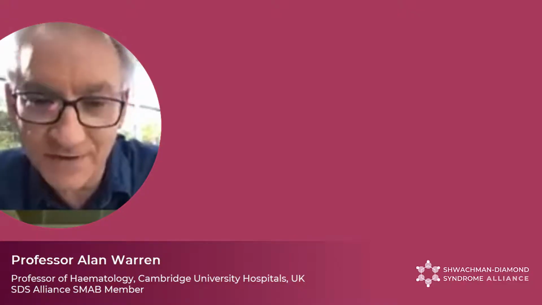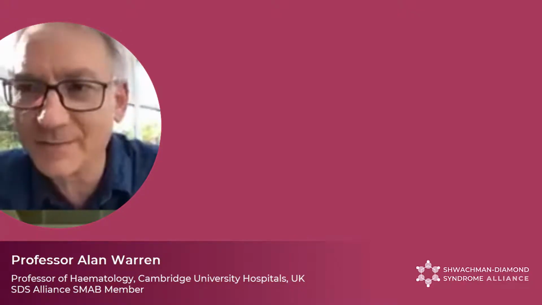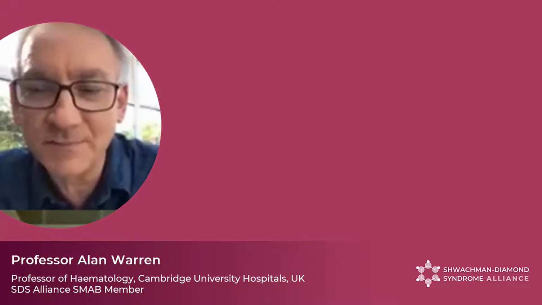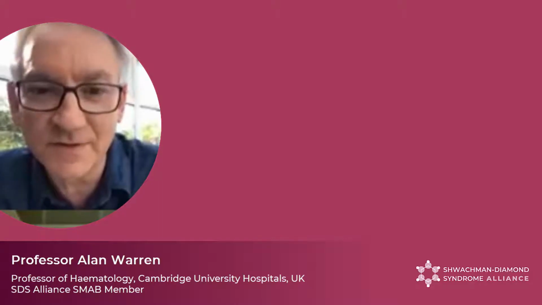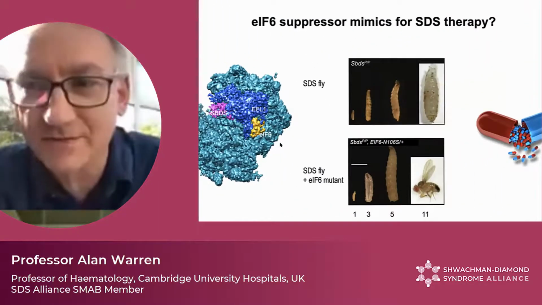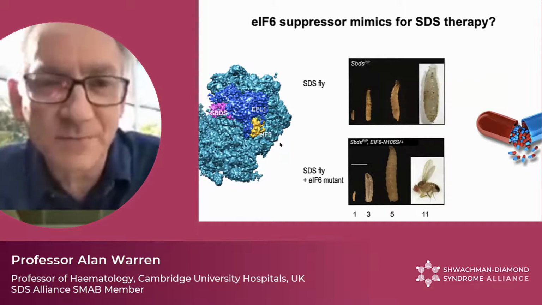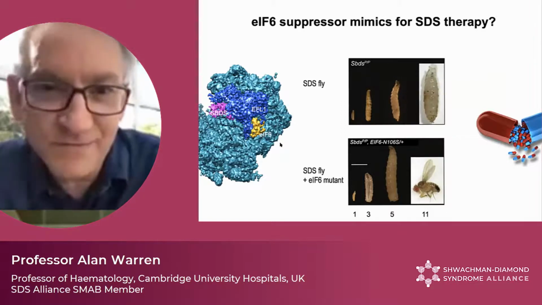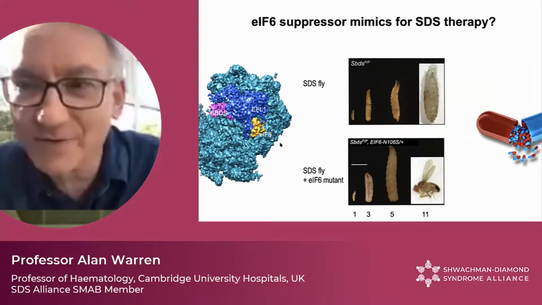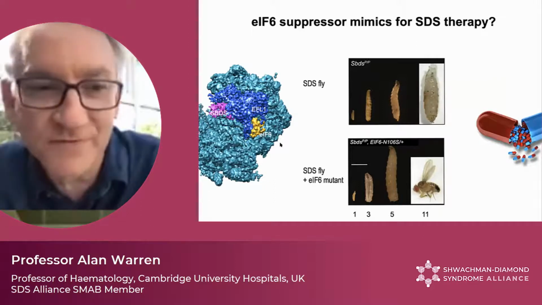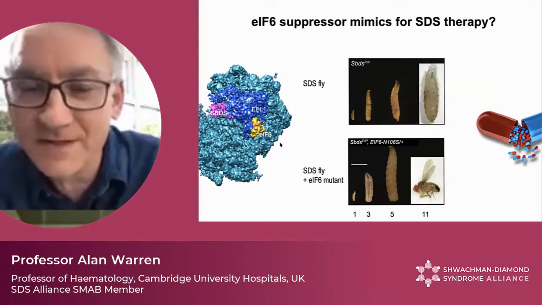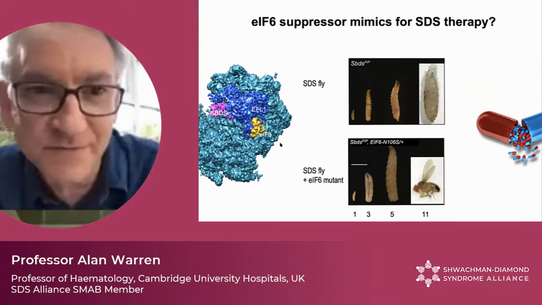We've used Drosophila, a fly model, which is an SDS hypomorph, and we're using that to try to develop a drug screening program. But obviously, these are flies, and we absolutely need to move forwards into testing any compounds that come out of this study.